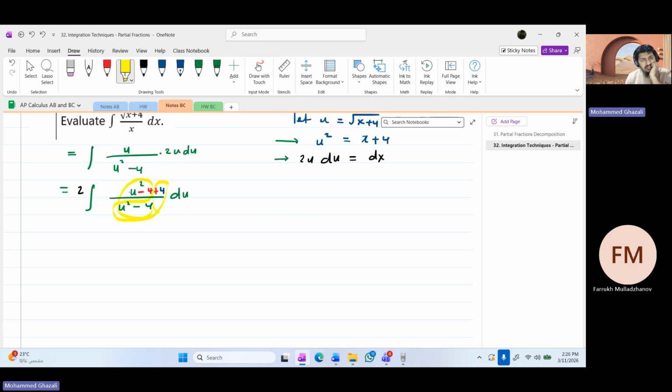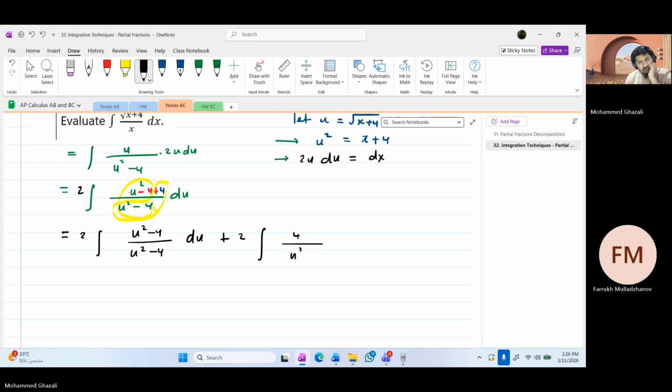Don't forget the 2 outside. So this is now equal to 2 integral u squared minus 4 over u squared minus 4 du plus 2 integral 4 over u squared minus 4 du. That's easy, that's 1, all right?